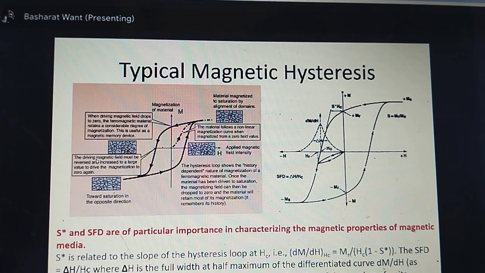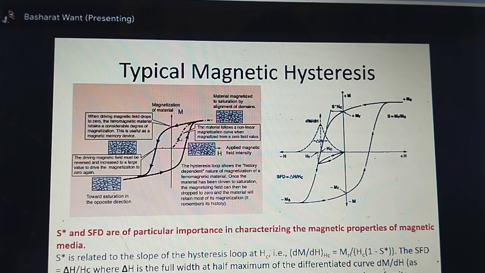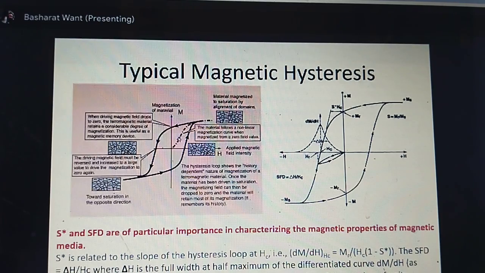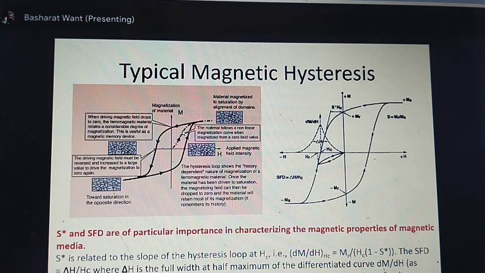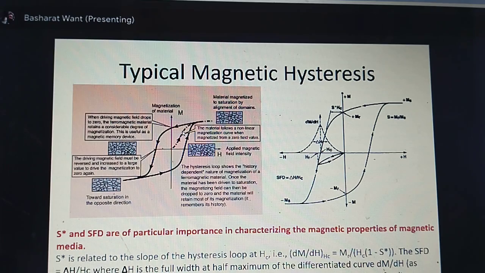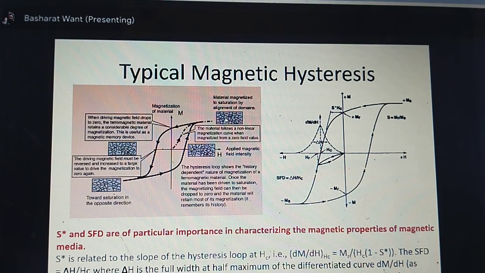Initially, from zero magnetic field up to a certain magnetic field, the system is reversible because from this state, if you go back, you will have the same magnetizations at every point. But as you start increasing the magnetic field, the magnetic domain regions start aligning, and finally at saturation all the domains are aligned in one particular fashion.